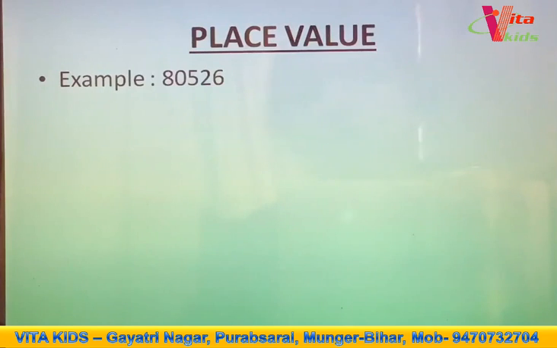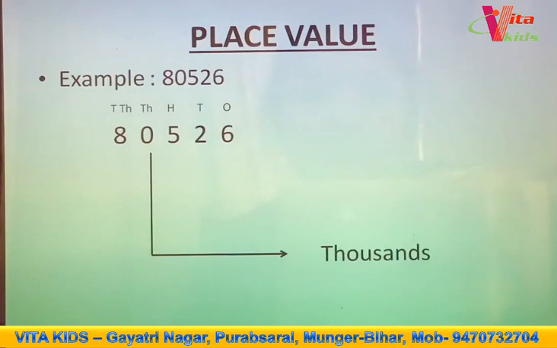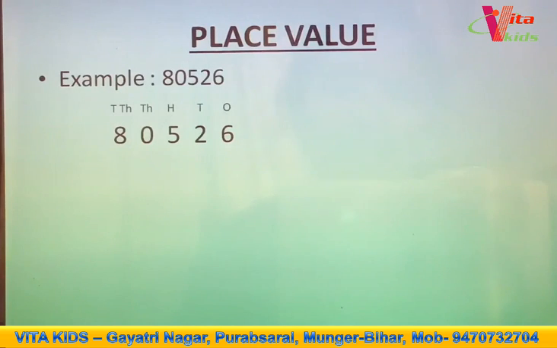Now if I want to change the 0 into 1, what will I do? Let us write the number. Let us see at which place value it is. So 0 is on the thousands place. Now if I have to change 0 to 1, I will have to add 1000 to the number like this.